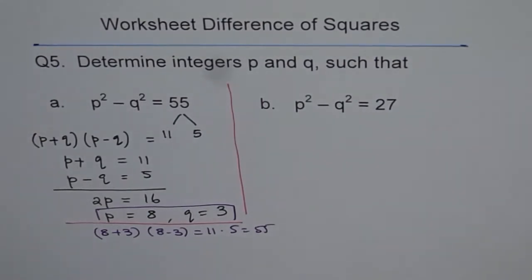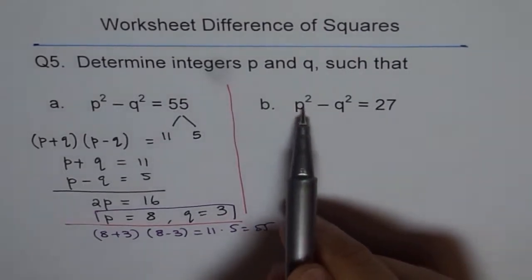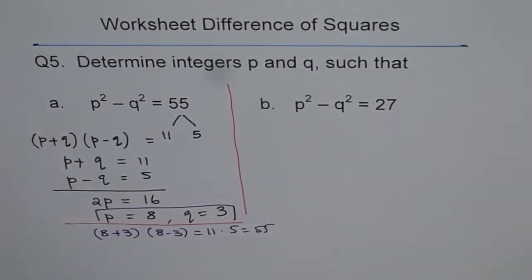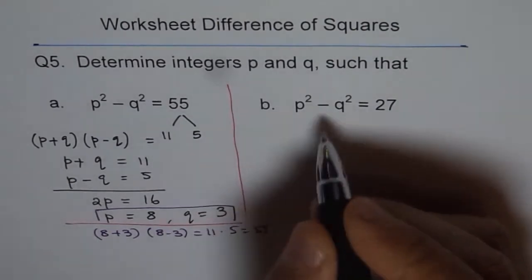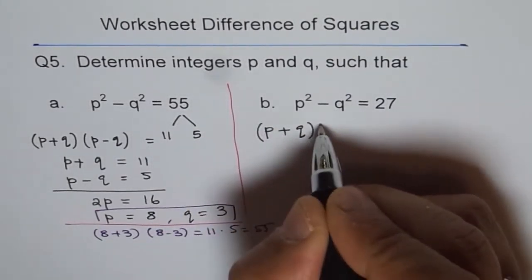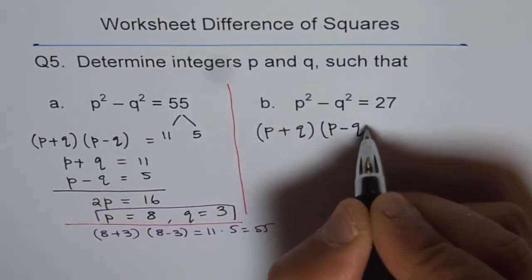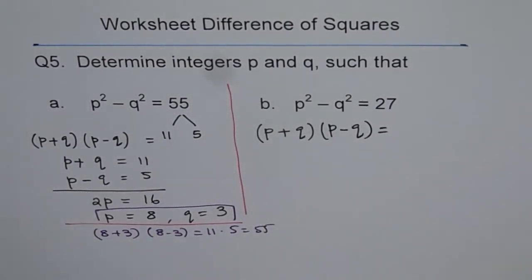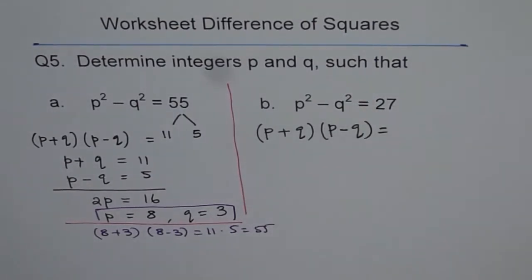Now I hope you understand the strategy which we followed, correct? We'll follow this strategy once again, just to make sure that you understand, okay? Now the idea is we can write the left side as a product of two numbers. Yes, we can. And those two numbers happen to be p plus q times p minus q. And the right side could be written as a product of two numbers also. Yes, 27 can be.